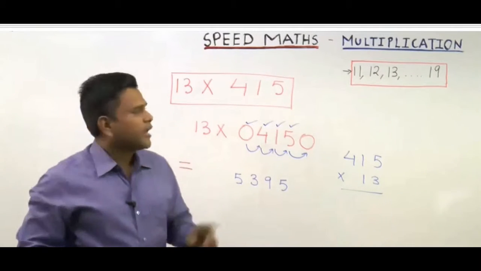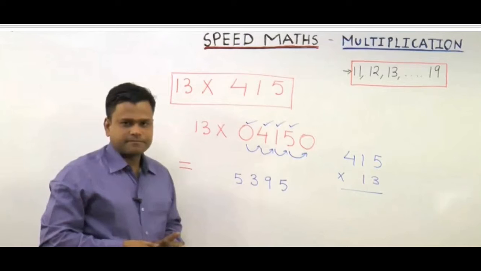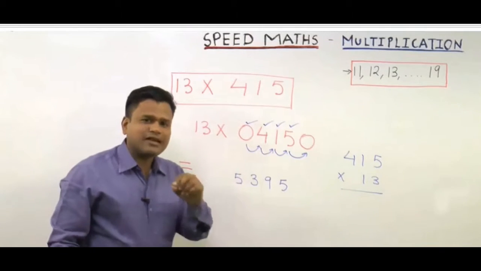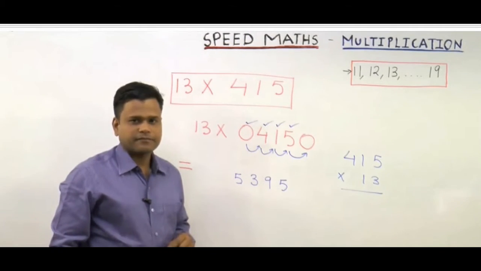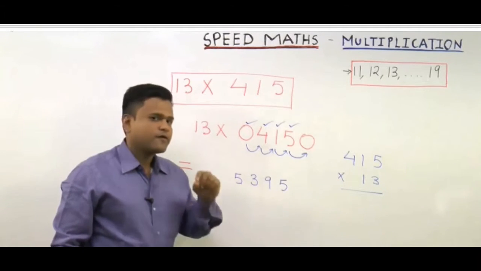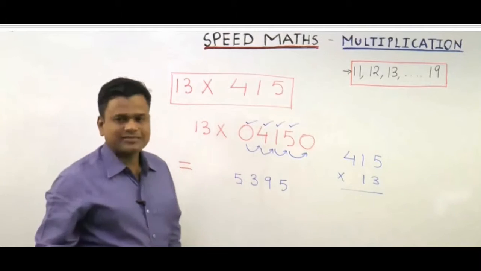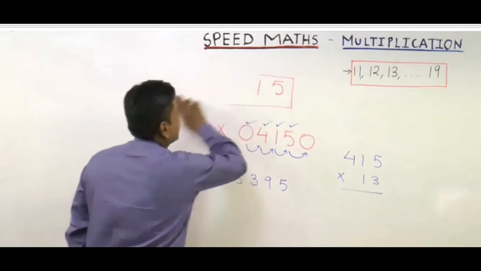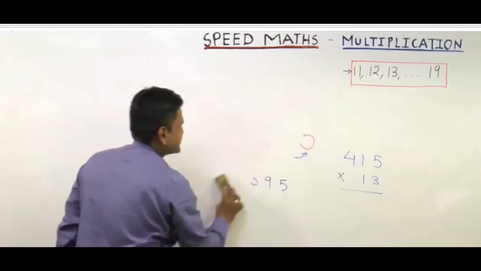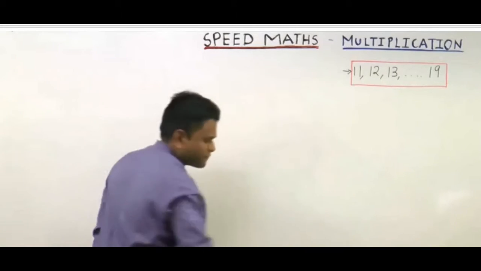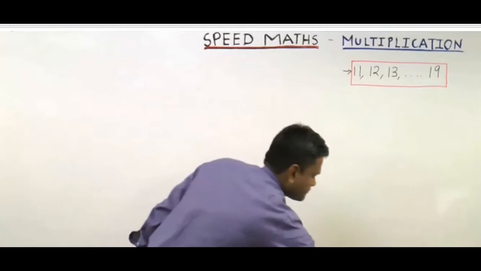Incidentally, if you take a number 15, if I am multiplying a number with 15, there is another faster route apart from this. And what is that? You can watch this one. So what we do here is this for multiplication with 15.